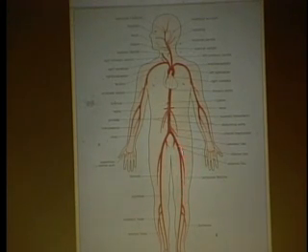At what level does the external iliac become the femoral artery? The inguinal ligament. You've got it coming right across here. Very clear to see. And in what triangle was the femoral artery? Okay. Good.